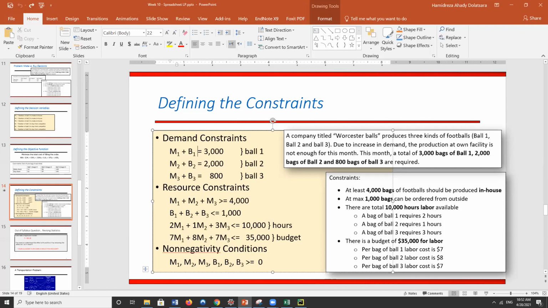Now let's make our labor and budget constraints. We have a coefficient of labor for making: for ball 1, 2 hours, ball 2, 1 hour, and ball 3, 3 hours. You see 2, 1, 3 multiplied by the decision variables, and the hours should be less than or equal to 10,000. You don't have more than that.